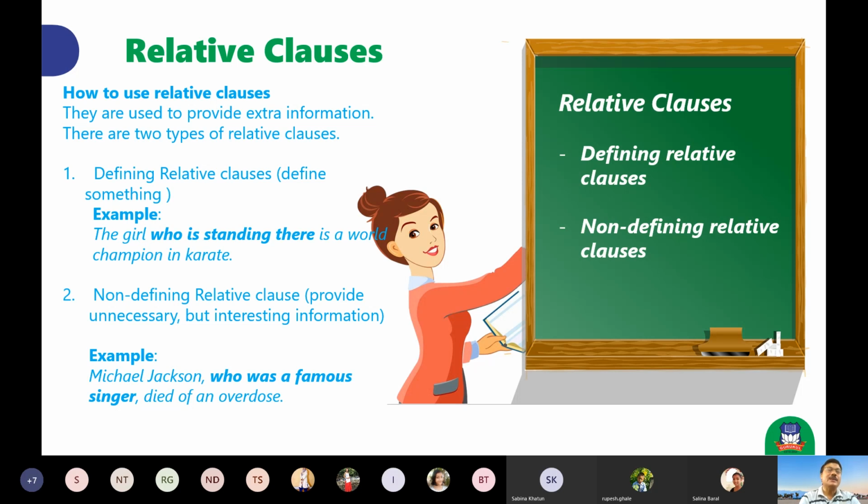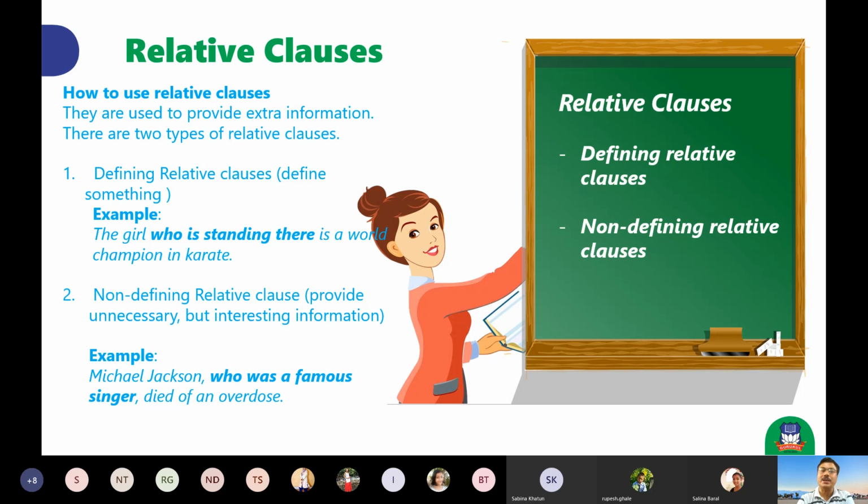And another is that in the first sentence, the girl is a common noun here. The girl means any girl can be there, is a world champion in karate. When somebody says a girl is a world champion in karate, then the listener may not understand who the girl is, whom we are talking about.